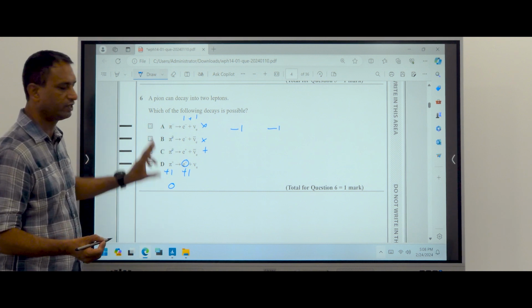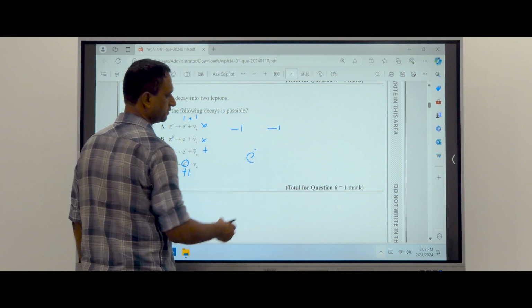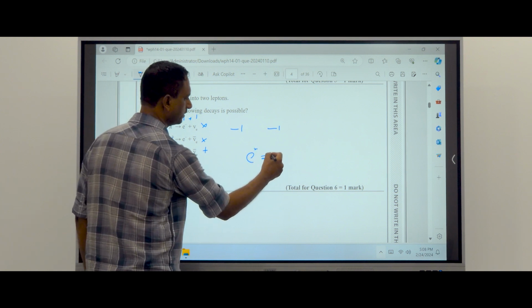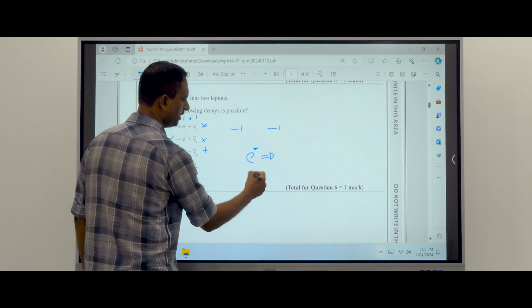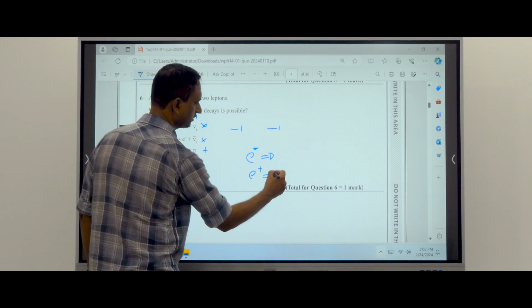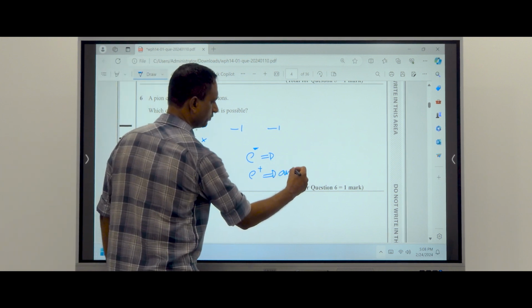This is actually a tricky question. Electron minus, we write like this, is the original one. But electron plus is the anti-electron, positron.